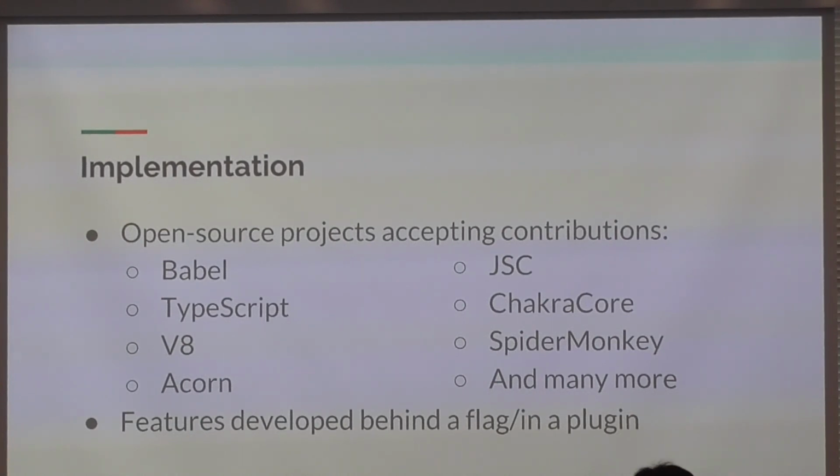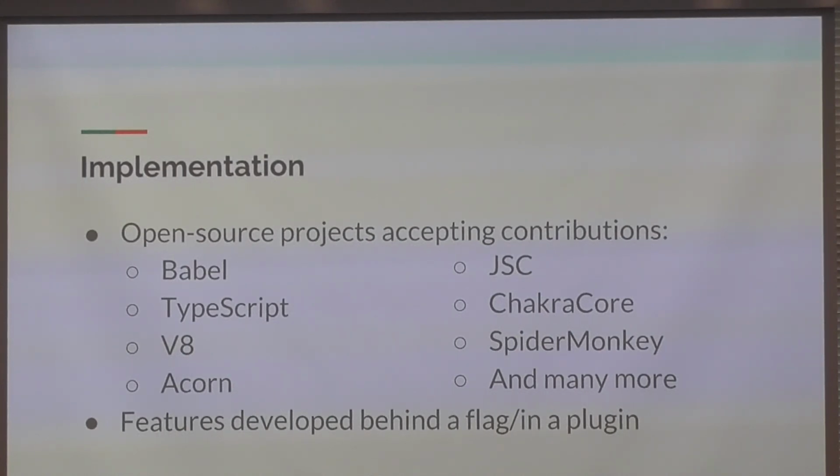And then implementation. The great thing is if you want to get involved in JavaScript, so much of the JavaScript infrastructure, from the implementations in browsers to different development tools, are open source projects. And many of them permit things to be checked in early, even before something is standard, behind a flag.